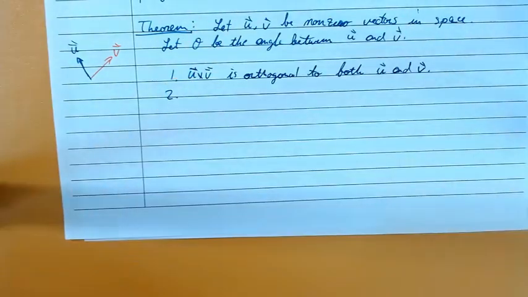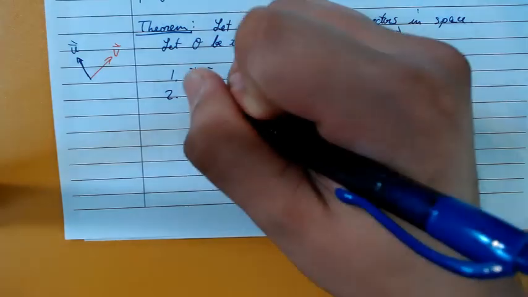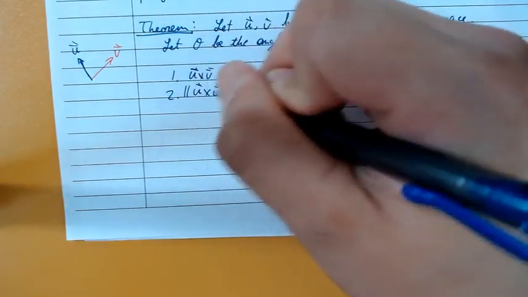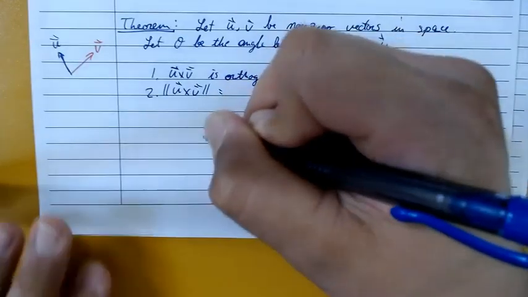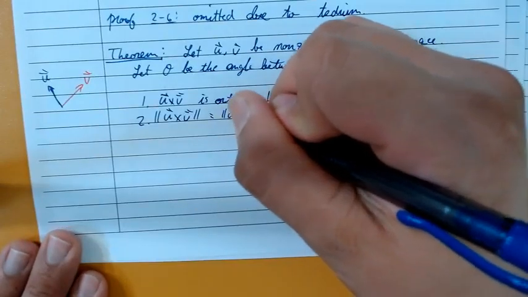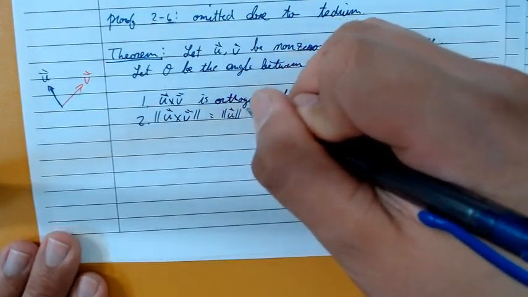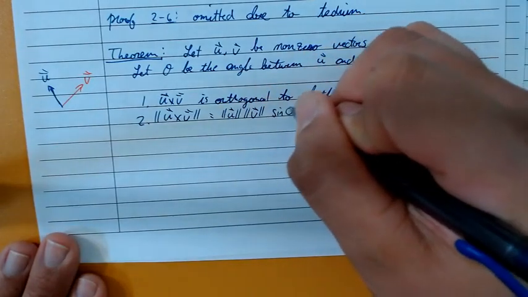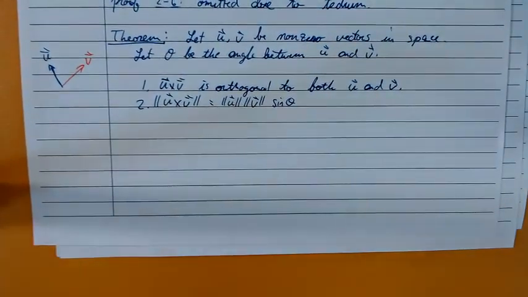The second thing of this property is that if you take that cross product and you find its magnitude, it's equal to the magnitude of u times the magnitude of v times the sine of the angle theta between the vectors. This should remind you a lot of a similar property for the dot product.